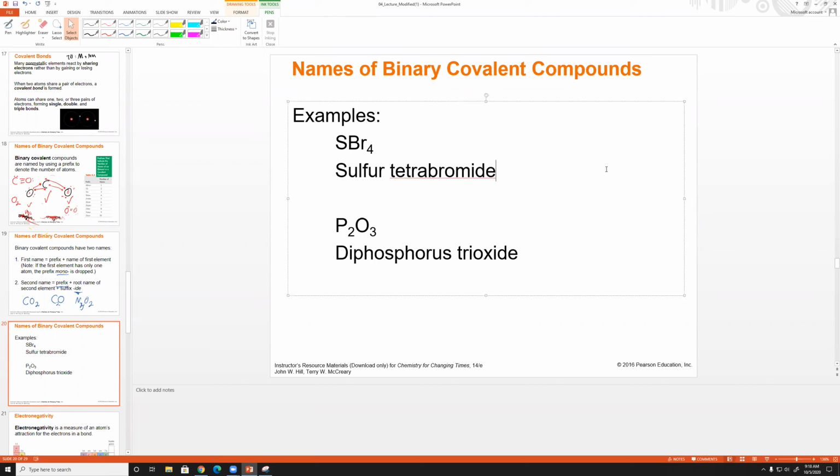Let's do some more. Okay, let's do a couple. So OF2, what is that? Oxygen difluoride. Perfect. Oxygen difluoride.